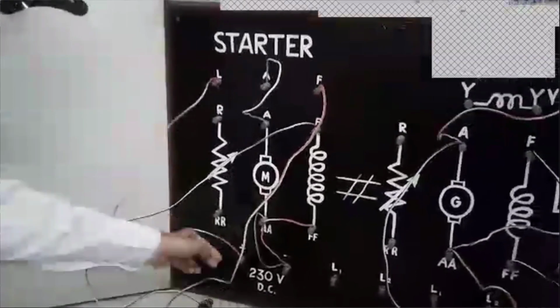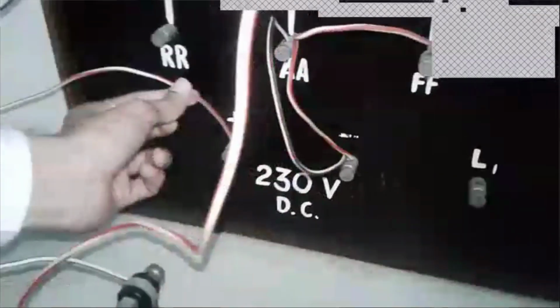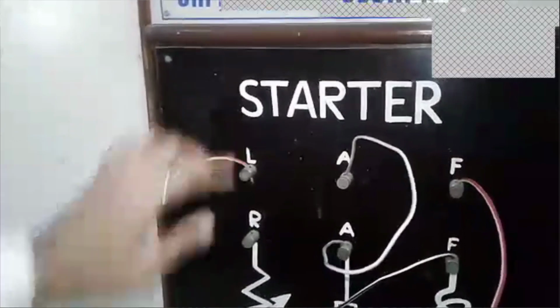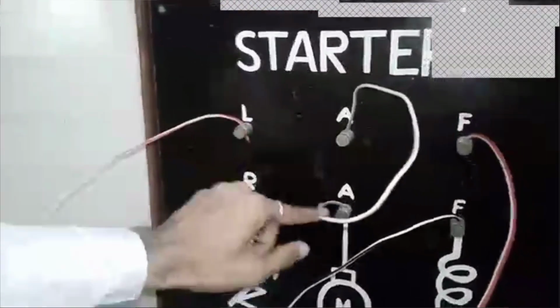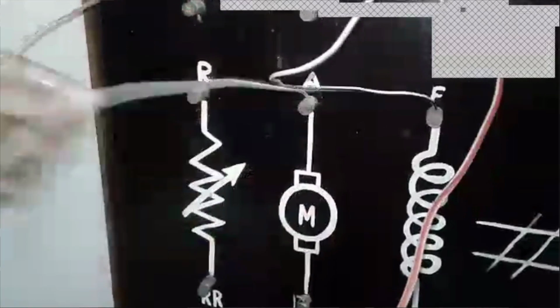Now this is the basic connection diagram as per the circuit diagram. First of all, this 230 volt supply has a positive and a negative terminal. The positive voltage is given to the L terminal, that means the line, as shown in the figure. From this line it goes to the armature. The A terminal of the armature is connected with A of the starter. Similarly, the F terminal of the field winding is connected with the rheostat.